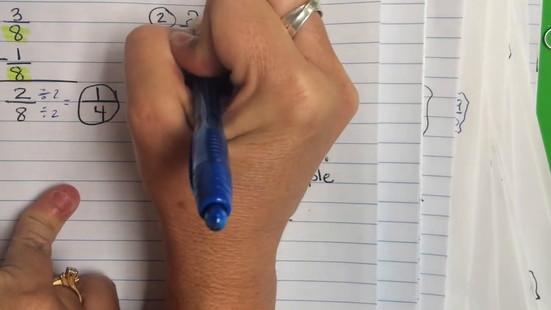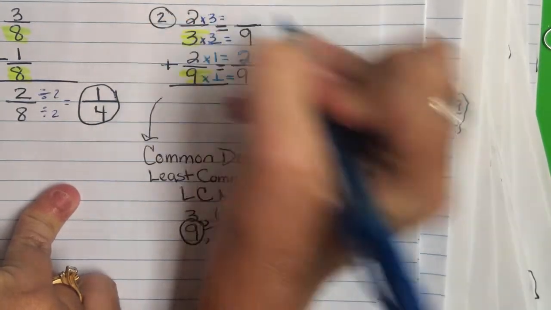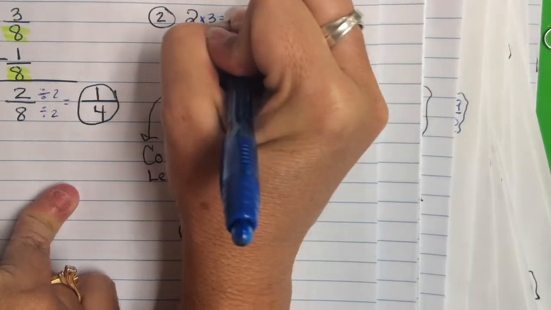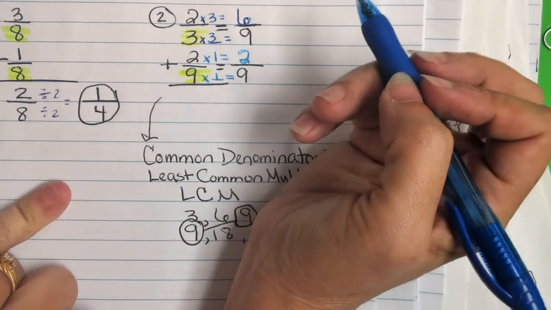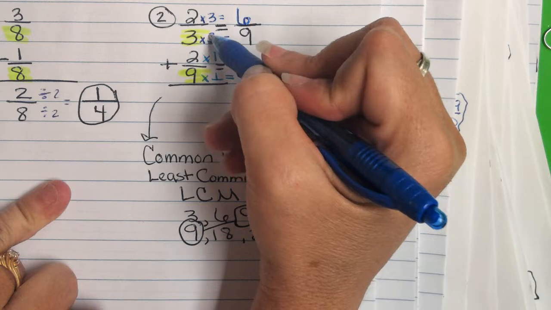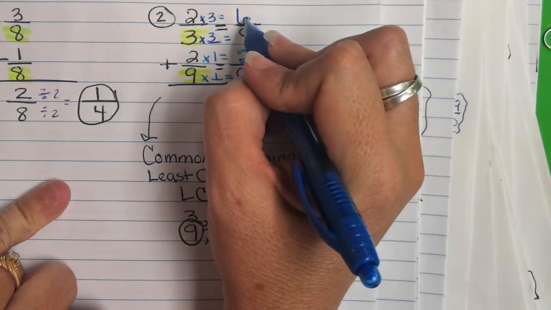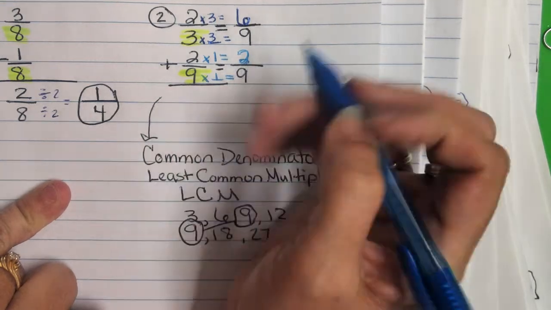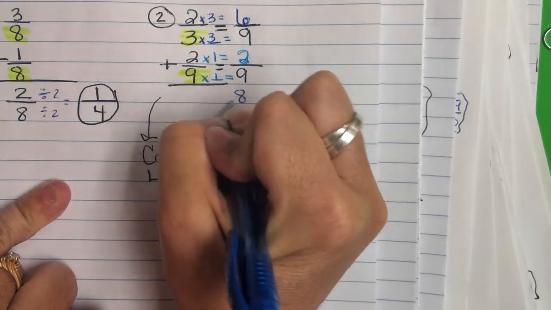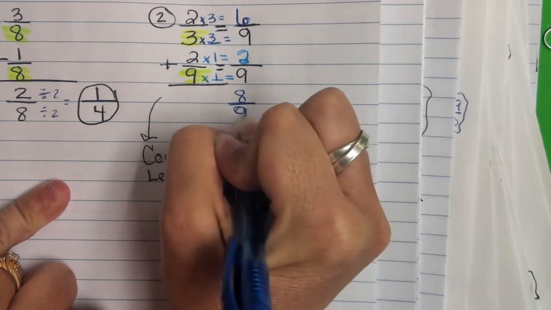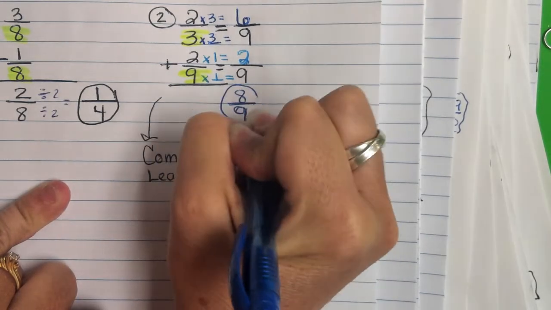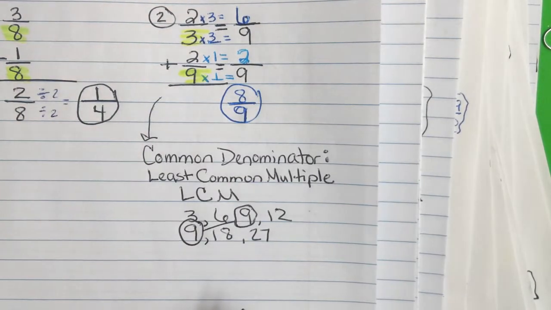Change that, like bring it up top. What is 2 times 3? 6. Oh, so whatever you do on the bottom, do on the top. Yep. So 6 plus 2 is 8, and we keep our bottom number of 9, and it doesn't simplify, so we're good to go.